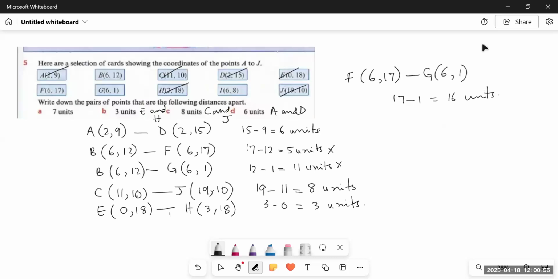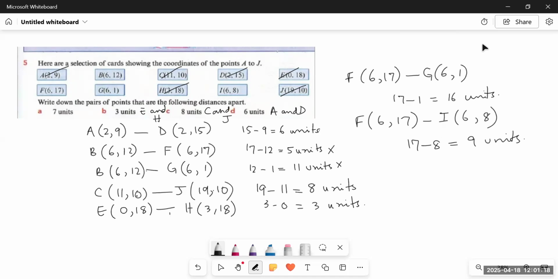And then we have 6, 8 as well. So let's find the difference between F and I. 6, 17, 6, 8. So 17 minus 8 is equals to 9. Again, this option is not available.